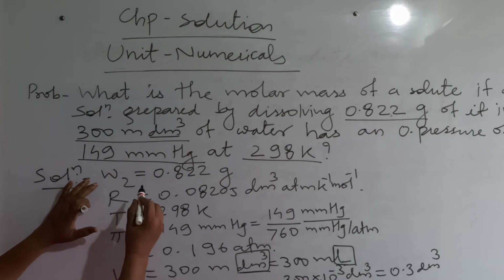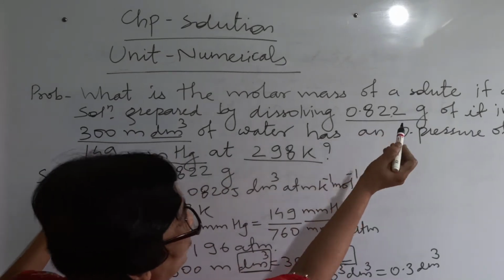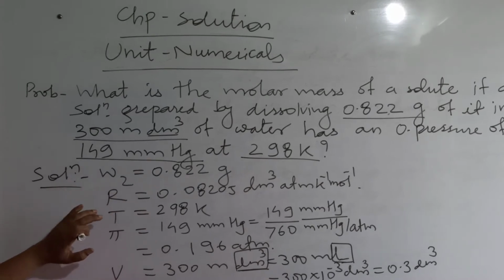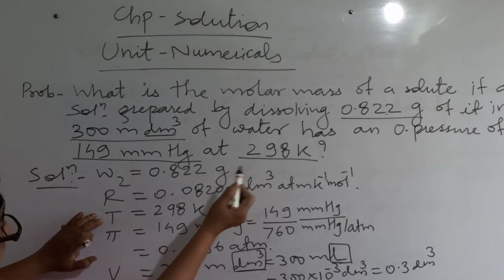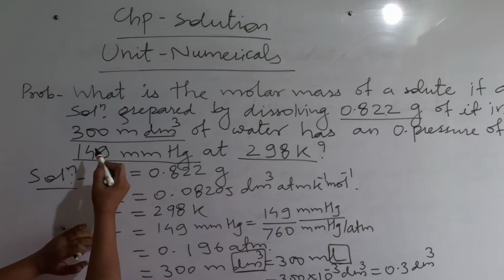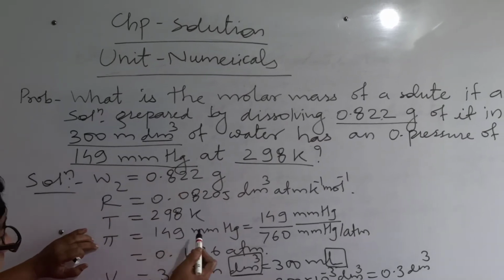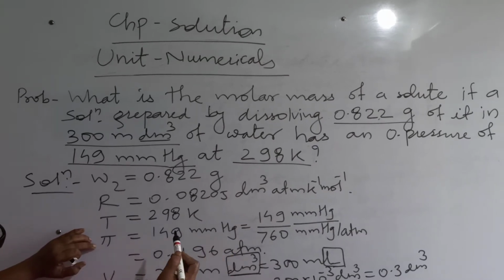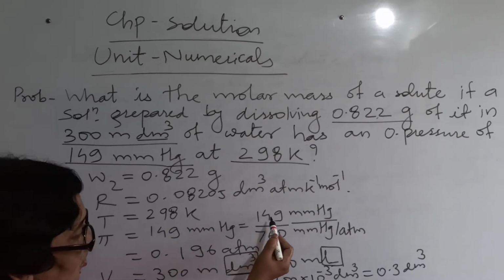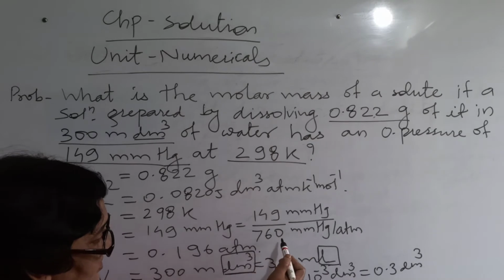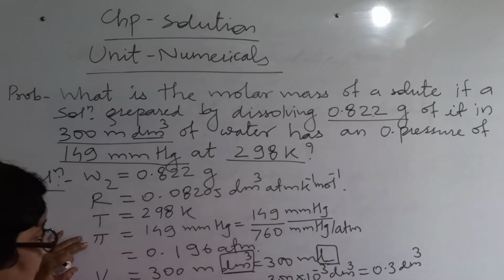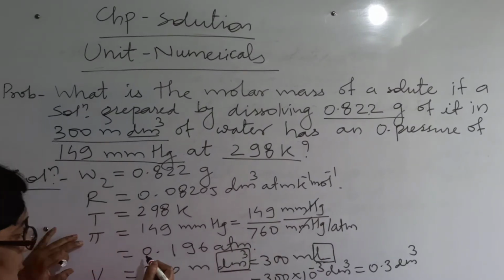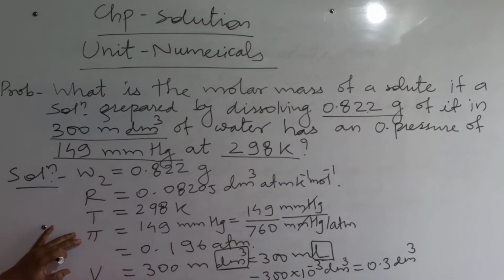What is given? Here 0.822 gram is given, which is the weight of solute. Then temperature is given, 298 Kelvin. The osmotic pressure is given in mmHg, which you have to convert like this: 149 mmHg divided by 760 mmHg per atmosphere. The answer comes out to be 0.196 atmosphere.